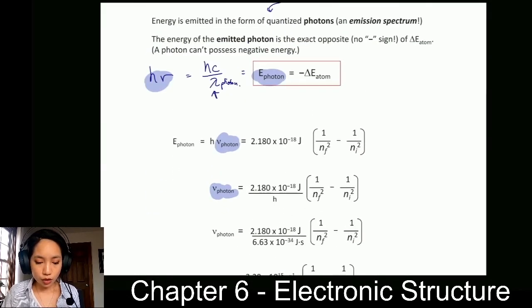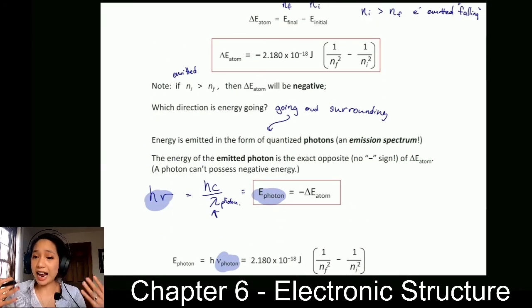All right. So, really, what you should be able to get out of this, what I could test you on, is giving you different n values, so a final and initial. You should be able to calculate, given this equation, and I will always give you this equation, the energy of the photon that is emitted. That will require you to identify what is your n final and what is your n initial.